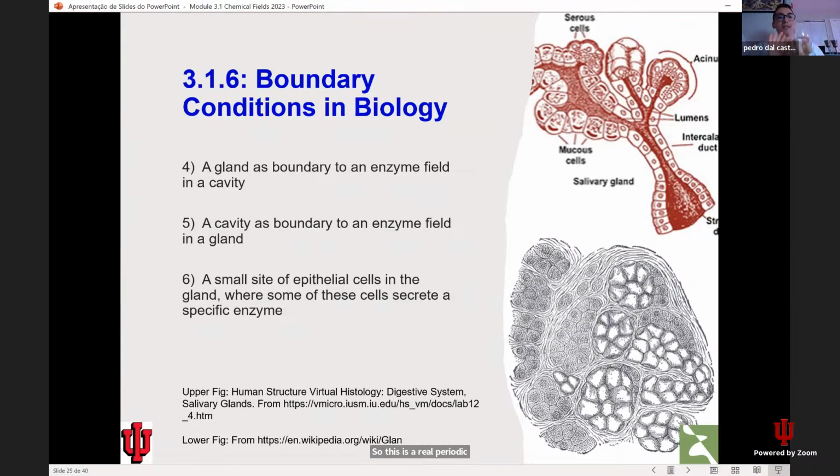Let's say you are modeling a tube of cells, and there is a cell crawling, or even the other cells. The fact that it's a shape closed in itself makes this a real periodic boundary condition. The other applications, the small site in a bigger tissue, are an approximation. It may lead you to wrong conclusions if your system is not big enough.